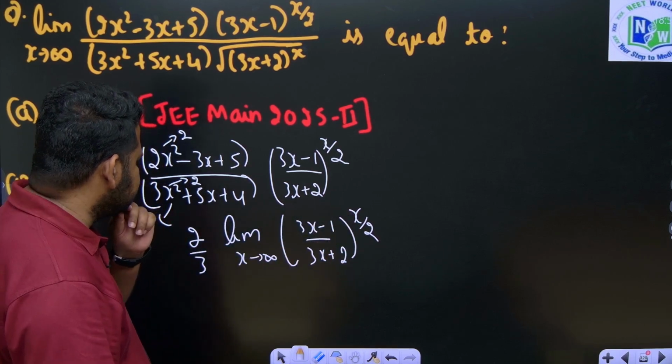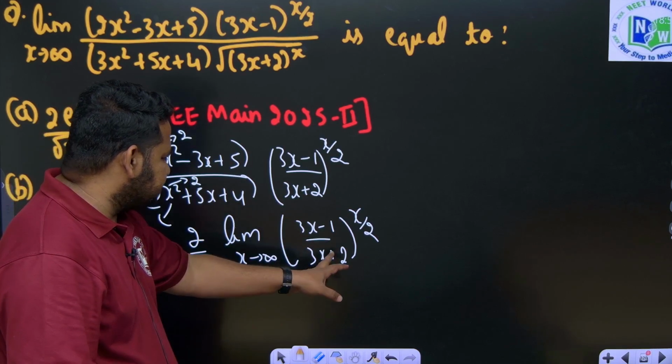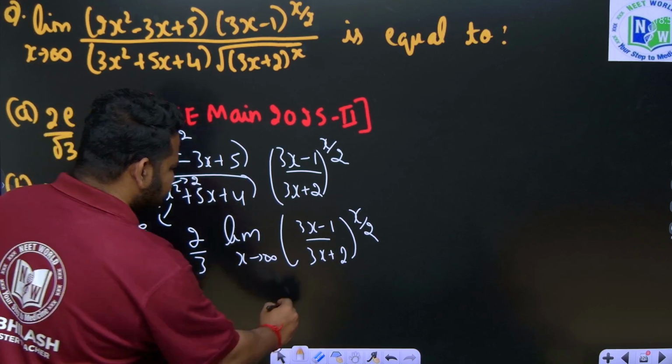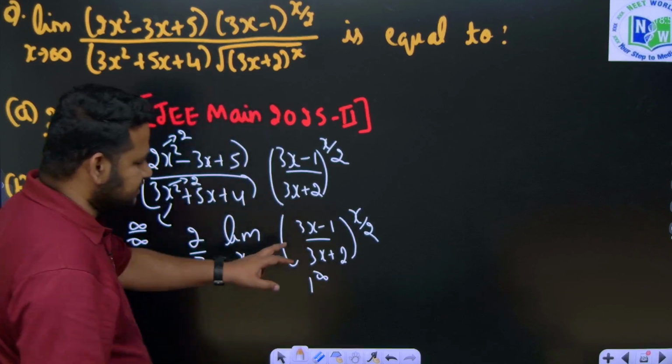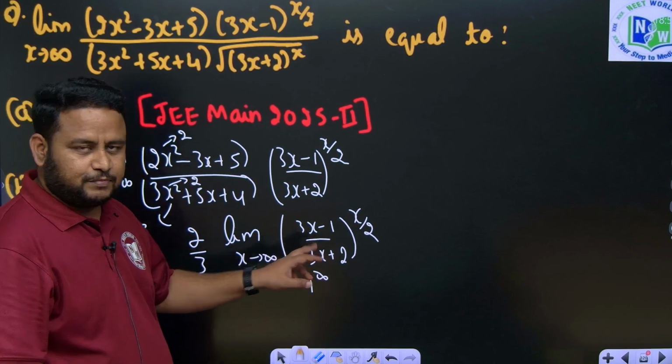So this is of the form 3x − 1 by 3x + 2, and if I apply infinity, this is of the form 1 to the power of infinity.